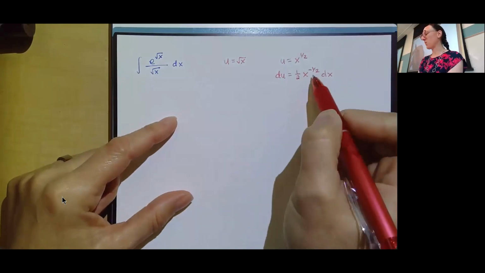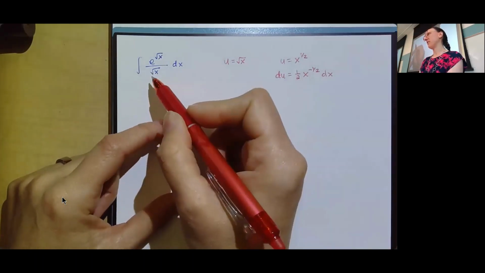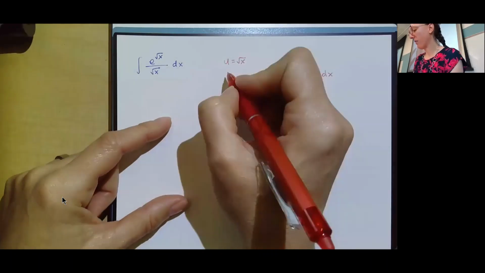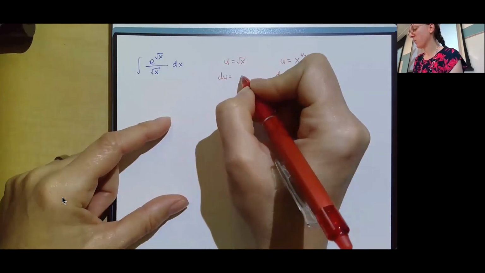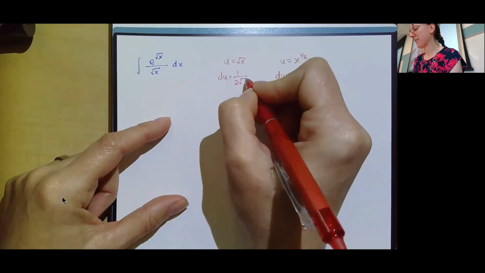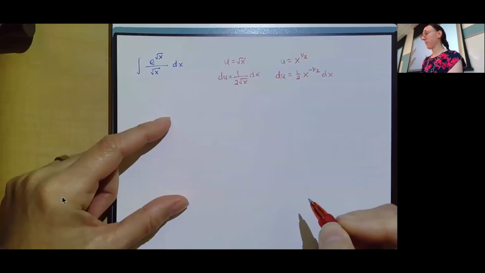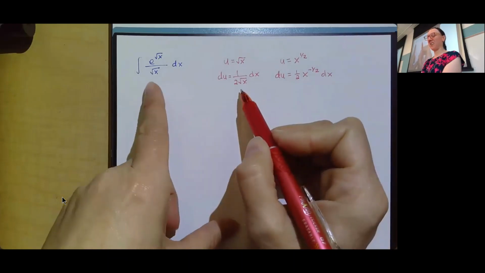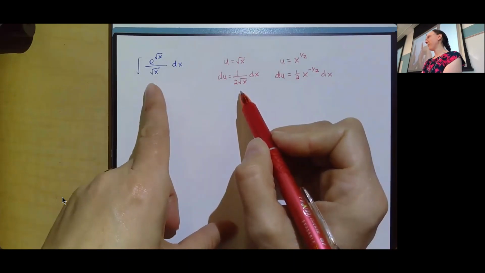But that's not useful in my context over here. So I have the derivative of square root of x memorized as 1 over 2 root x. These are equivalent, but this one helps me see it in the u substitution better.